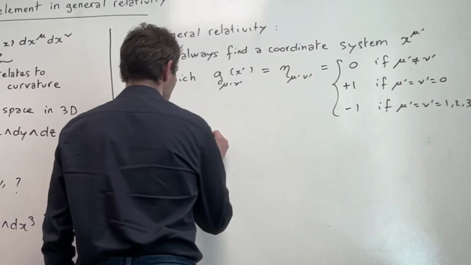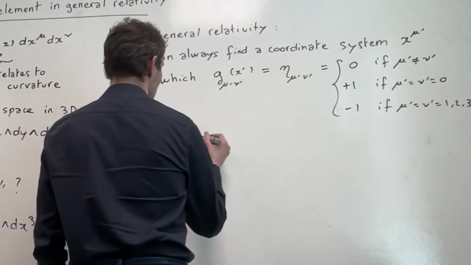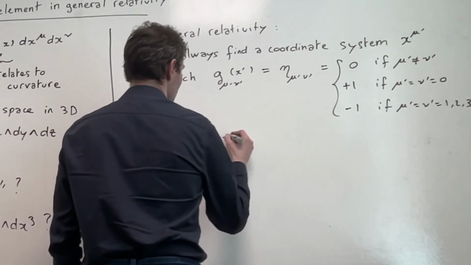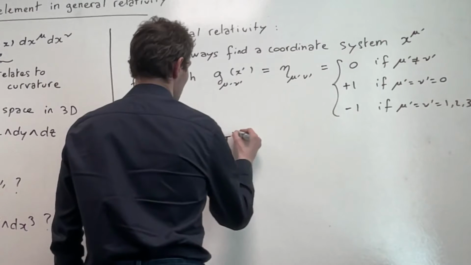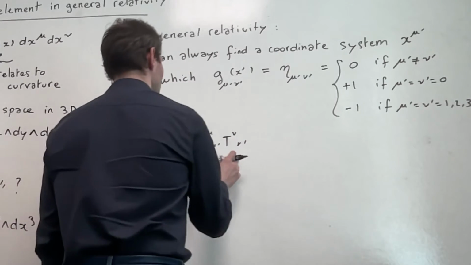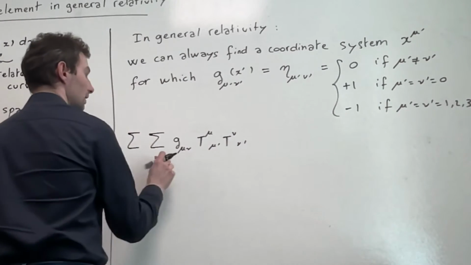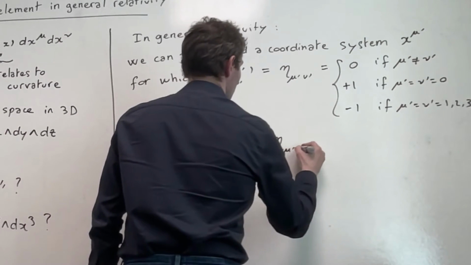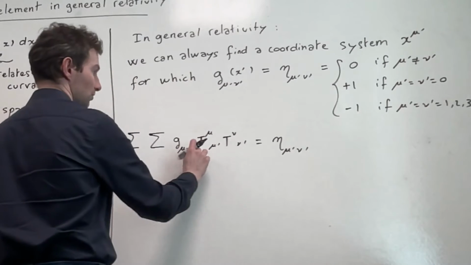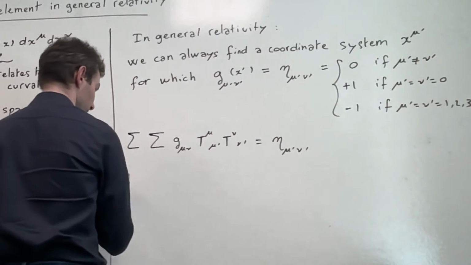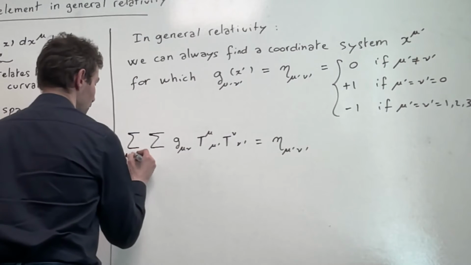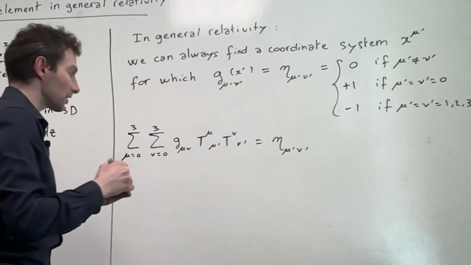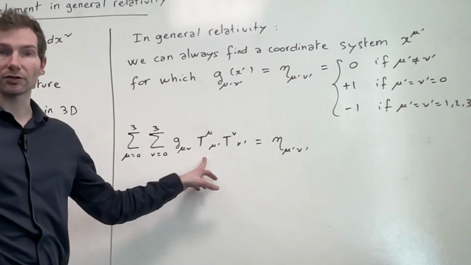So I'm going to have t, and this t is going to have a mu here and then a mu prime, and another one here, which is nu and then nu prime. So I need to have two sums, and I want that to be equal to eta mu prime nu prime. So that's the transformation I'm operating, for mu ranging from 0 to 3 and nu ranging from 0 to 3. That's what I want to do.